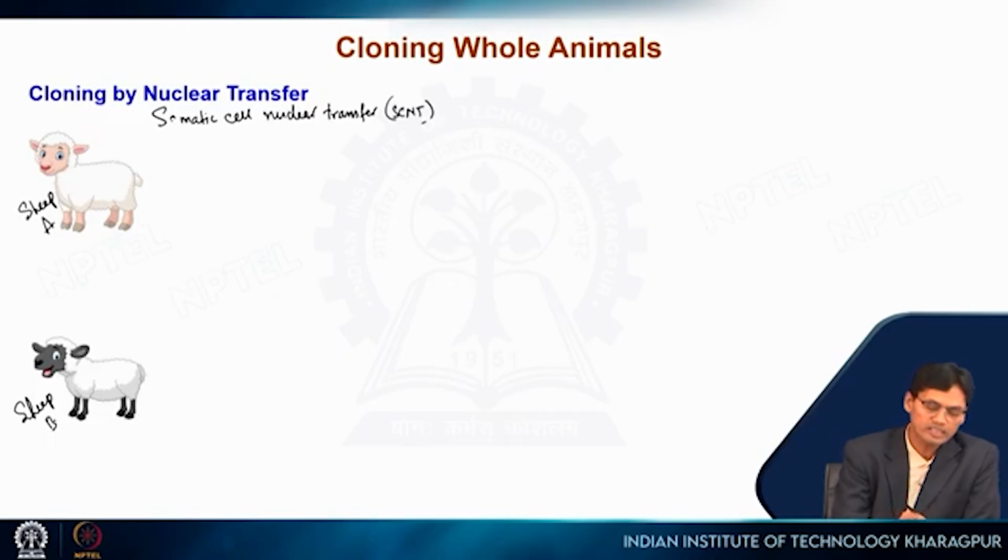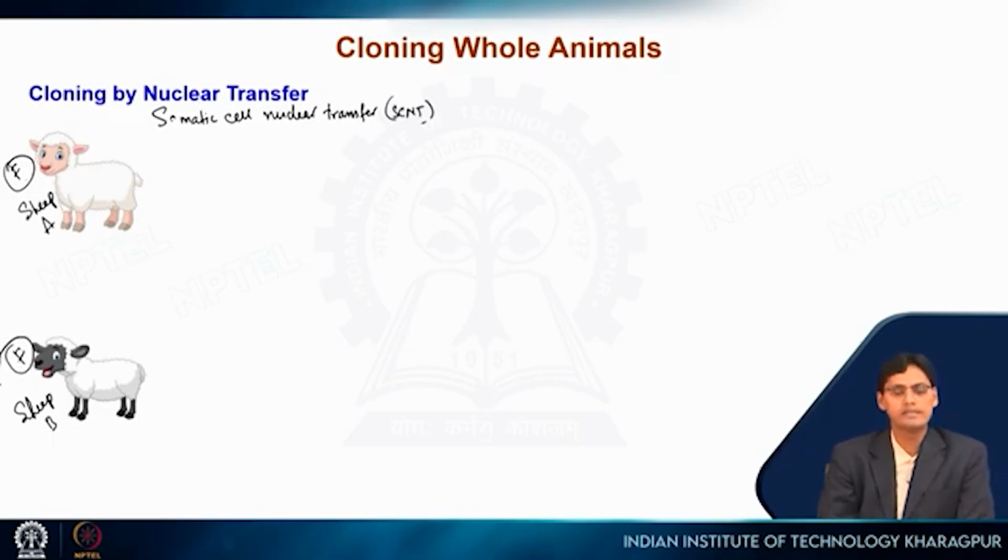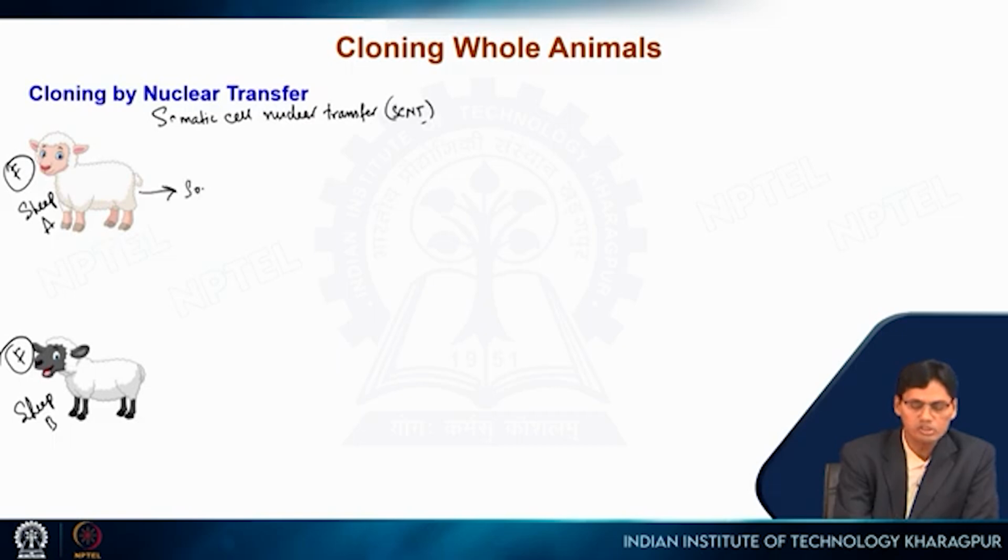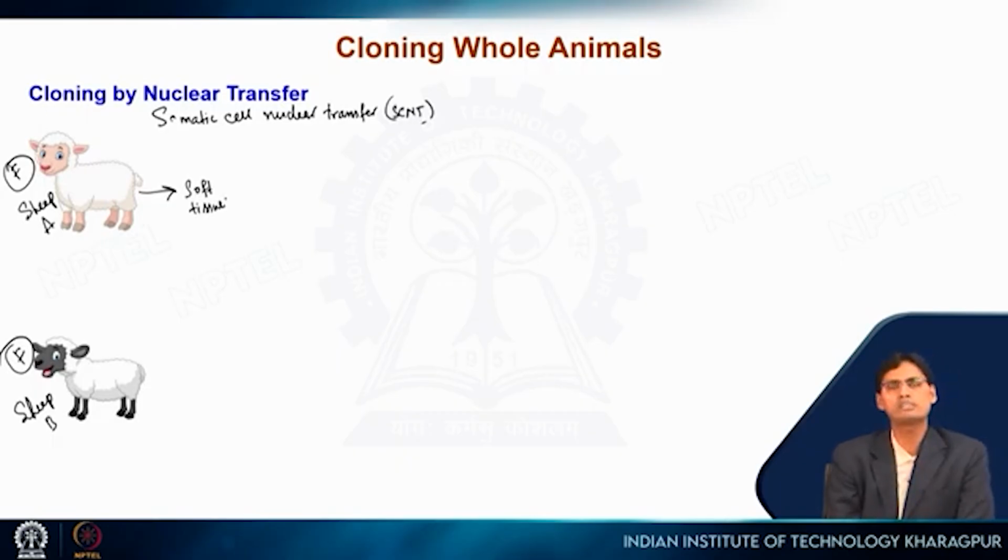Now, if I say sheep A and sheep B both are female sheep, for example, we are taking some soft tissue from this sheep, so that we can quickly take the cells and properly handle them, just for experimental reasons, and from there you will get a cell. What kind of cell?